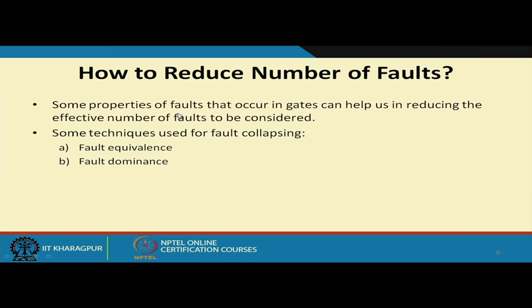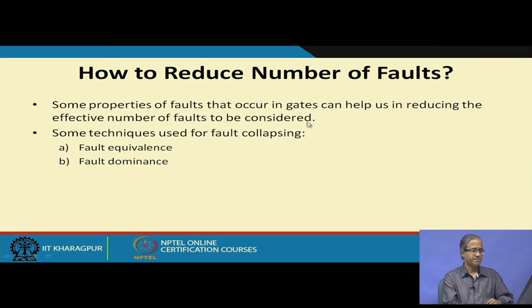Here we look at some properties of faults with respect to the gates that can help us in reducing the effective number of faults. This process is called fault collapsing, where some of the faults you can collapse into a single fault. We shall be looking at two different techniques or approaches, fault equivalence and fault dominance.